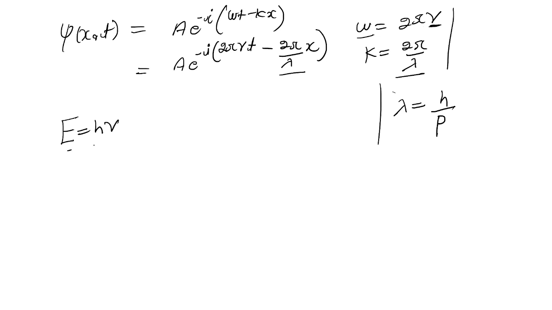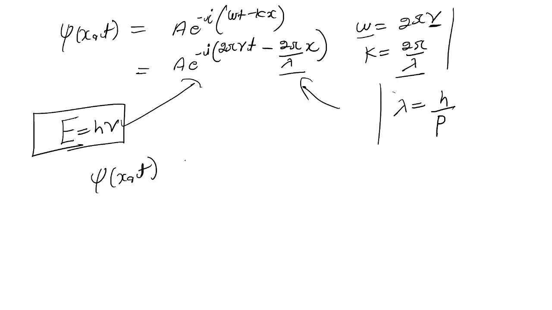This is the expression that we already know. By putting all these values in this expression, we come out with another equation: psi equals A e to the power minus 2 pi I, E over h t minus x over h p.